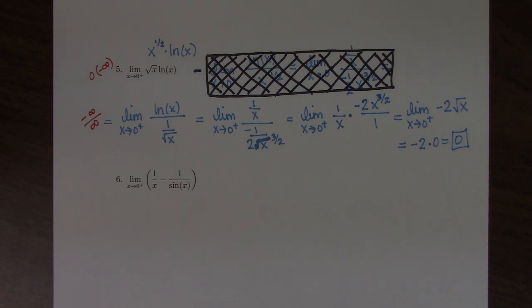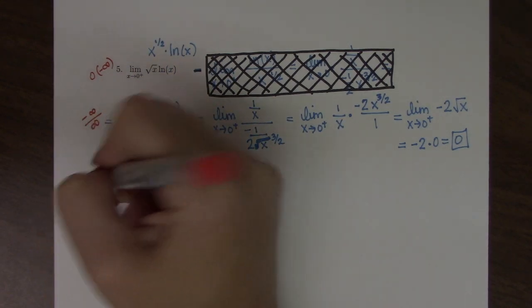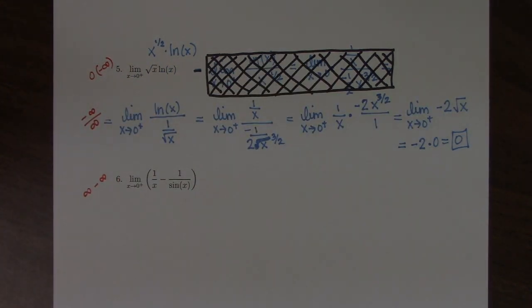So we're actually getting an infinity minus infinity situation here. This was another type of indeterminate form that we showed you on the front, the indeterminate difference. You can't ever assume this is 0, because one of these infinities might be bigger than the other.